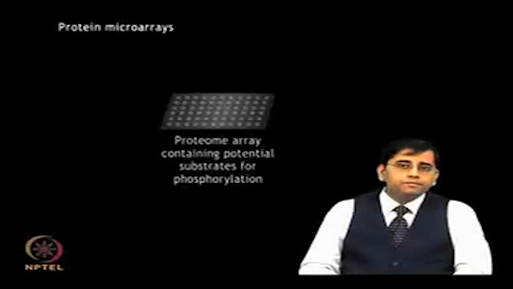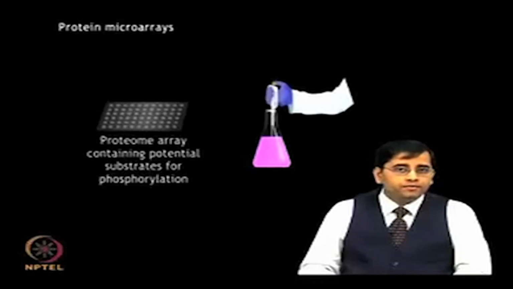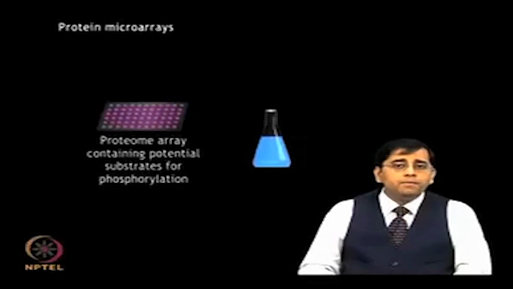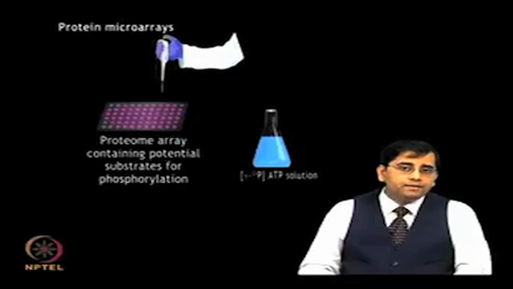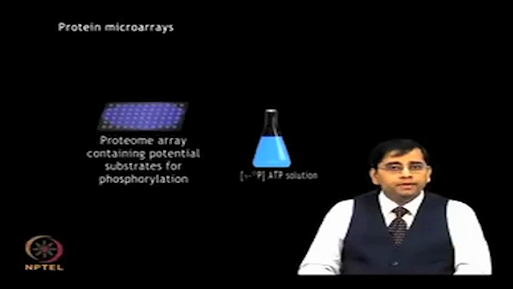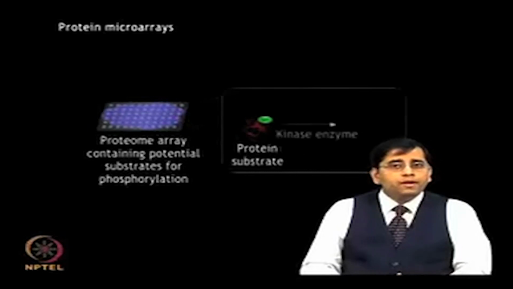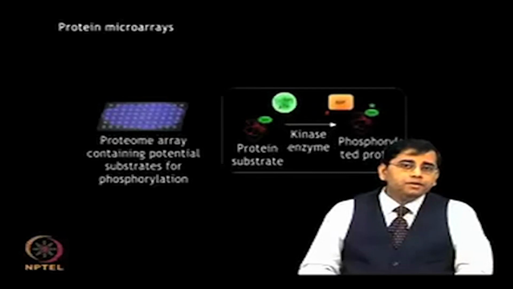Potential substrates for protein phosphorylation are immobilized on a suitably coated array surface. Kinase enzyme and gamma-P32 labeled ATP are then added, and the array is incubated at 30 degrees centigrade. The phosphorylation reaction occurs at those sites containing proteins that can be modified.